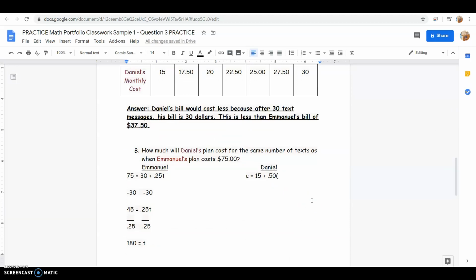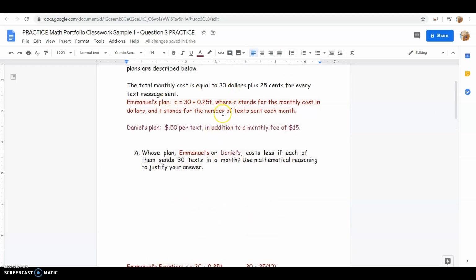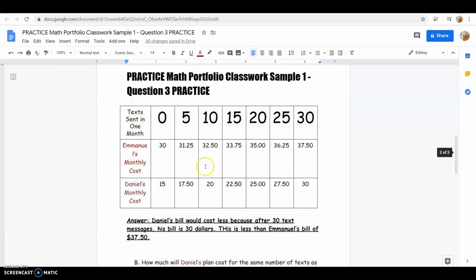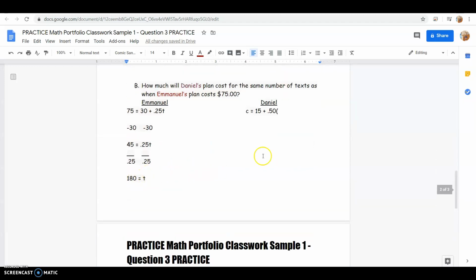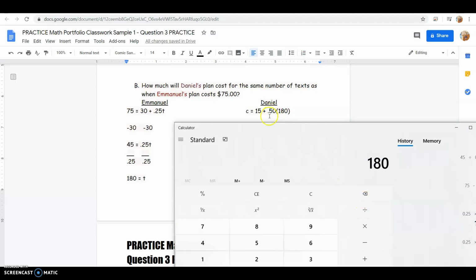But I'm not going to put T. I do not need to put this T. I know what T is. I know how many texts was sent. I know Emmanuel sent 180, so I'm simply just going to put 180 in the parentheses. Now when we figure this out, C equals 15 plus 0.50 or 50 cents times 180. Again, like we did before, the order of operations. 0.50 times 180 is multiplication.